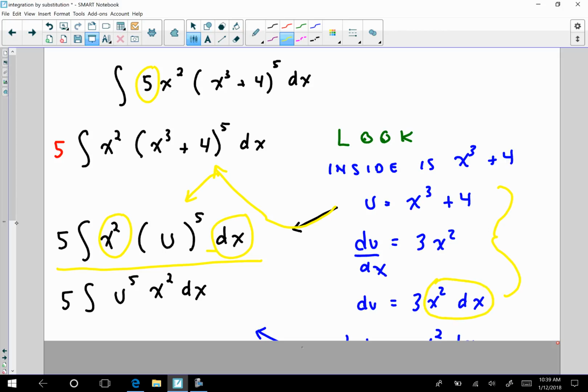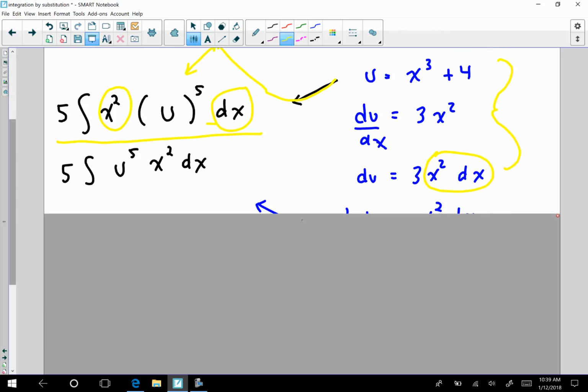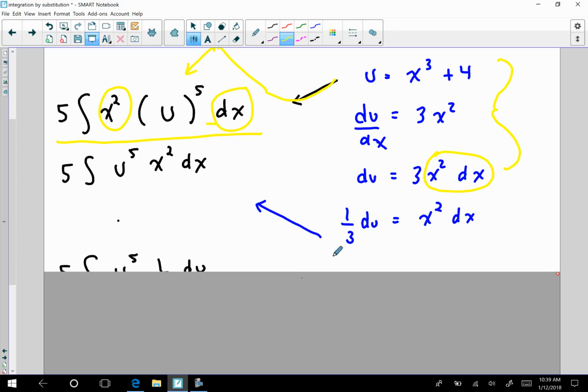I'm going to solve for that x squared dx. Right now I have a 3x squared dx, and I'm going to divide both sides by 3, and that says that 1/3 du is x squared dx. So that is very handy and very nice, because I'm going to substitute this 1/3 du in for x squared dx.